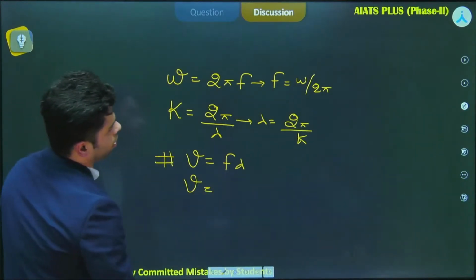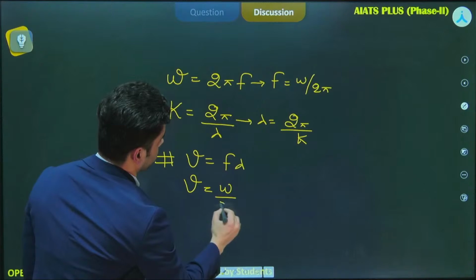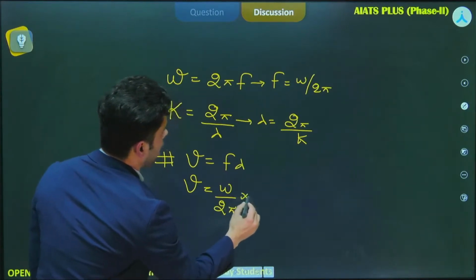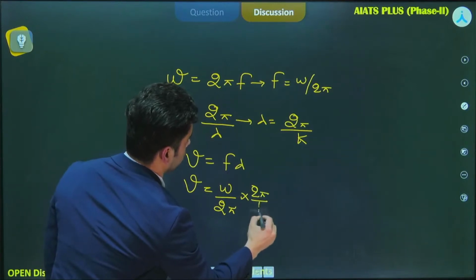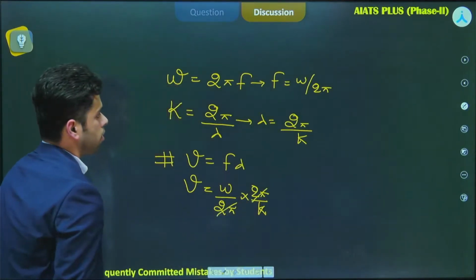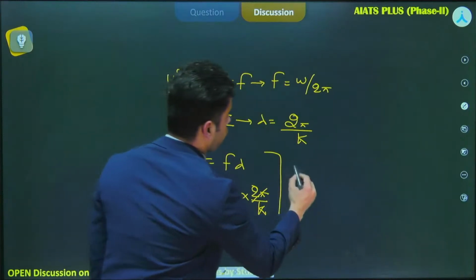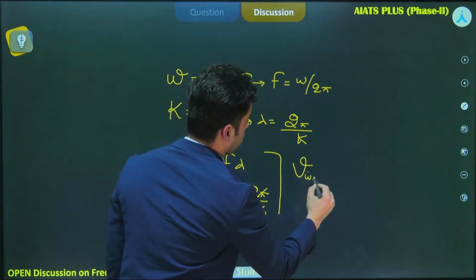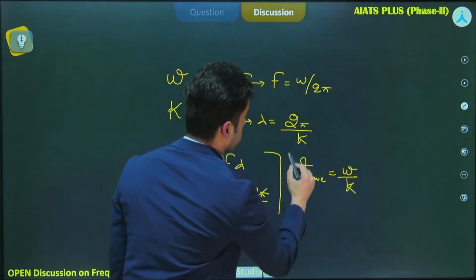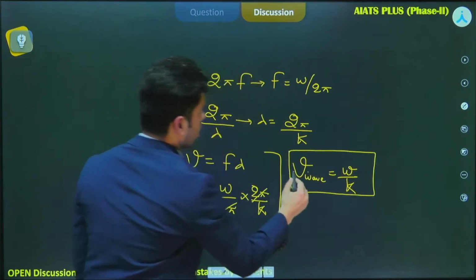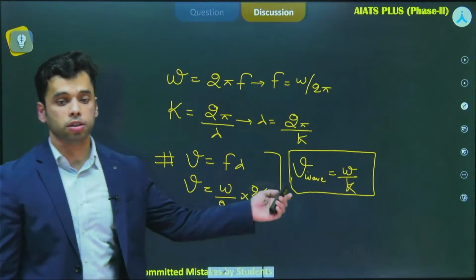What is f? f is omega by 2 pi. And in place of lambda, I can write 2 pi by k. 2 pi and 2 pi cancel. So velocity of wave is equal to omega by k.